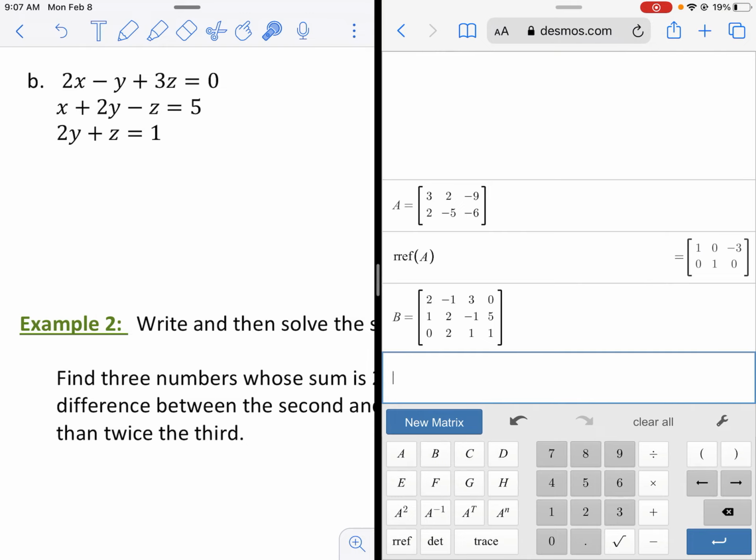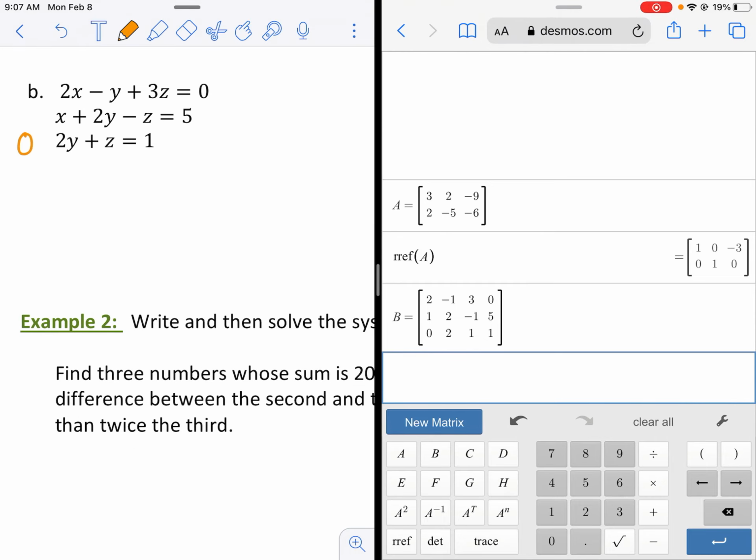Now, the key on these is basically just make sure you're typing them correctly. If you look at our equation on B here, I skipped my x term and there are 0 x's in there. So when you come over to type it in, go ahead and put a 0 in your matrix as a placeholder.